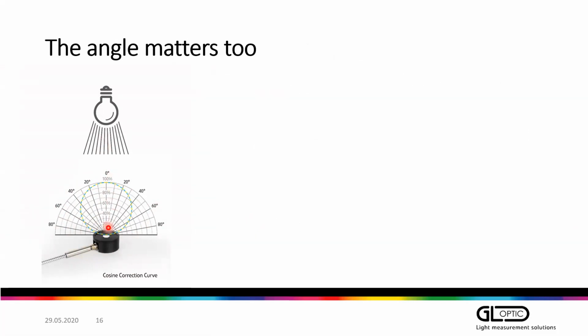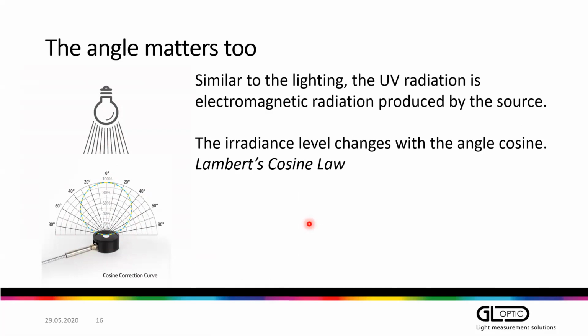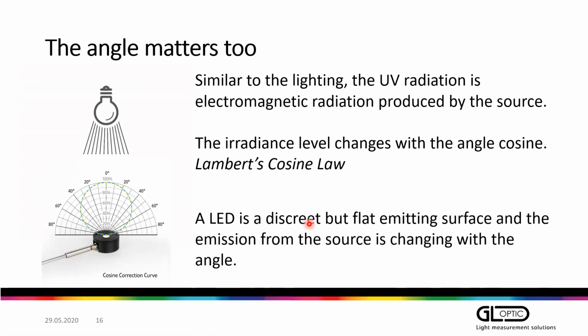When you will be moving this head around, or turning the light source, or the UV source, sorry, then you will be observing different readings. This is known as the standard Lambert's cosine law. We just have to keep it in mind. So when designing the optics, designing the geometry of the lamp, and then at the measurement stage, you have to remember that you have to position your meter in a proper place.